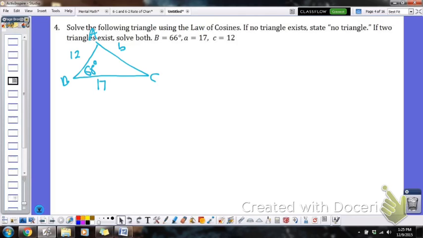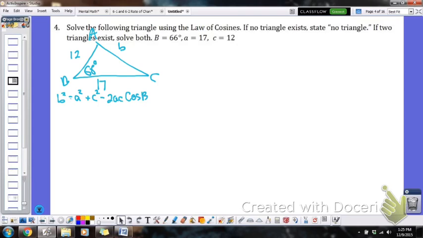So the first thing I'm going to do is use the law of cosines to find little b. So I'll use b squared equal to a squared plus c squared minus 2ac times the cosine of B. So I just need to fill in what I know.